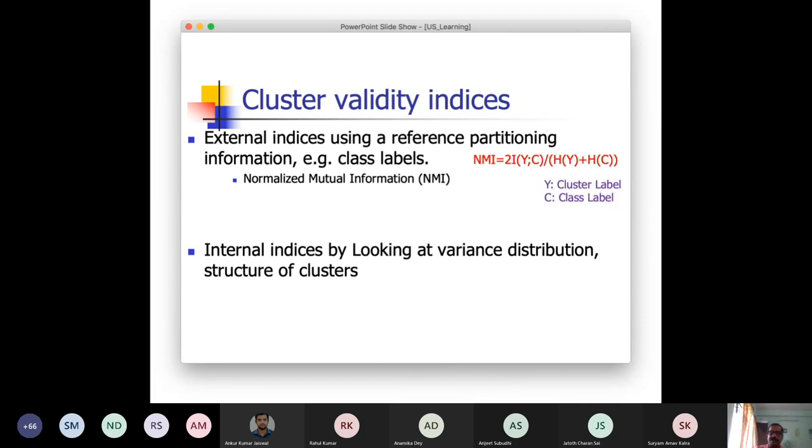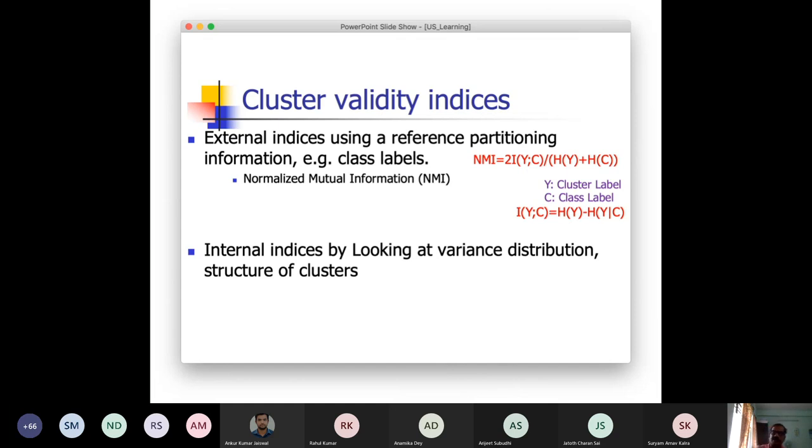As I mentioned, it is basically H(Y), that means the entropy of the cluster distribution, minus the conditional entropy of this cluster distribution given the class, or the other way around.